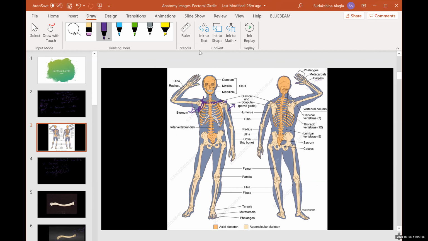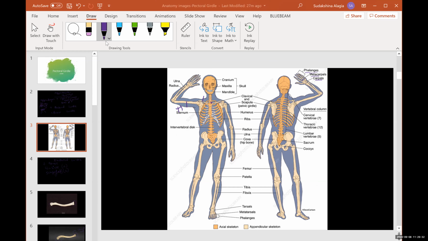The bones that make up your palm, metacarpals. Bones that make up your fingers are phalanges. So we are looking at the extremity, humerus, bone that makes up your arm.